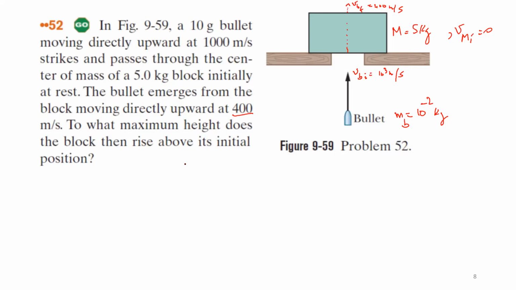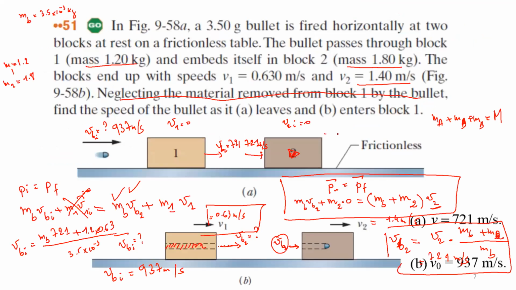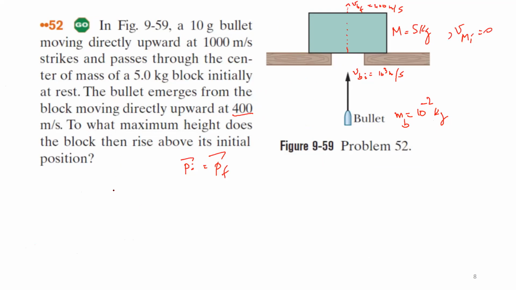So I have conservation of momentum. Basically, momentum before should be equal to momentum after. Here I will project only on the y-axis. In the problem before, it was one-dimensional, I just projected everything along the x-axis. So here I will project everything along the y-axis. So initially, I will have the mass of the bullet multiplied by VB initial.